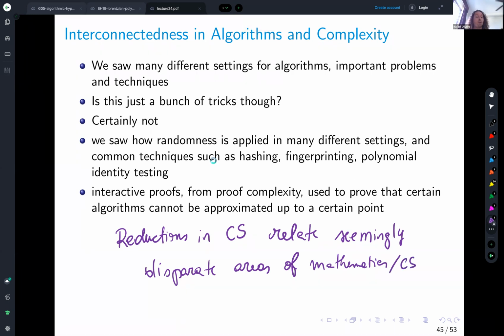So that's one thing that we learned, is that because of these reductions, we can see that these seemingly disparate areas of math or computer science are actually quite related, right? Because these are equivalent problems in the computational lens.